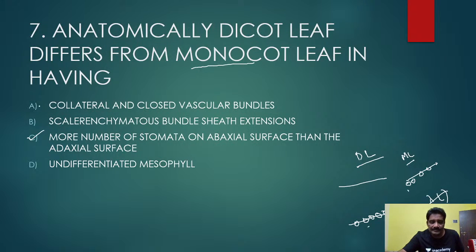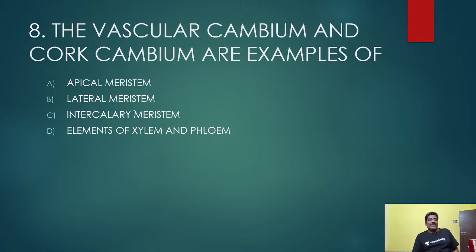Next, coming to another bit here. The vascular cambium and cork cambium are examples of... Just now I told you, vascular cambium and cork cambium. Examples of lateral meristems. Directly I am saying the answer: lateral meristems. Already I told you about primary meristems and secondary meristems.